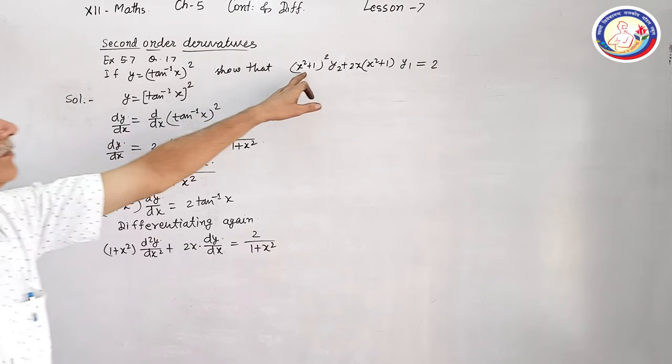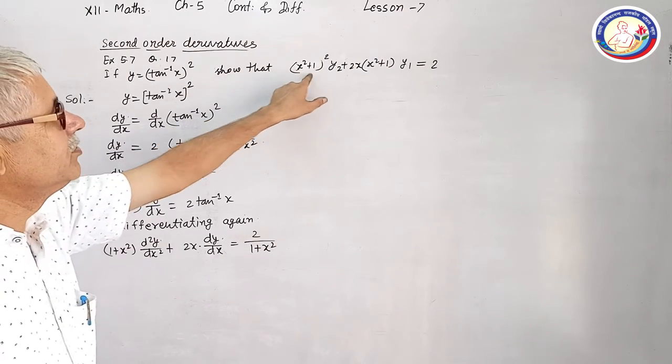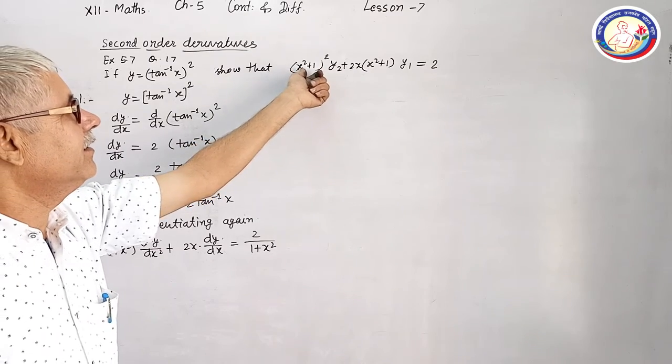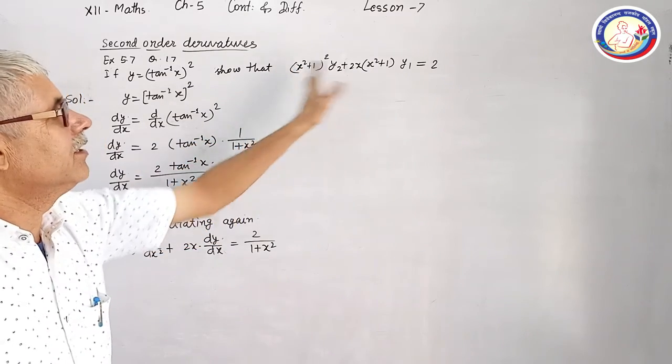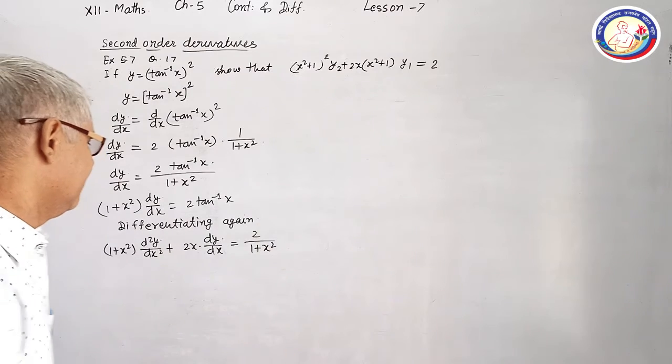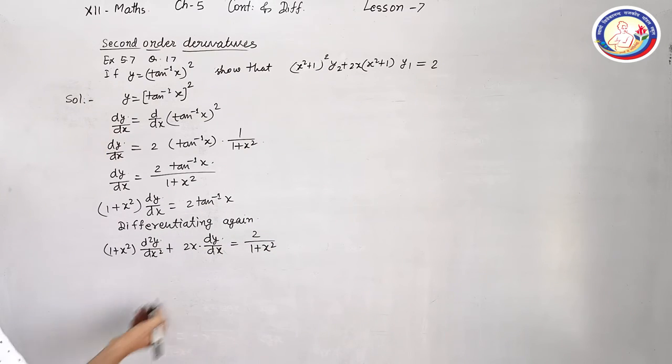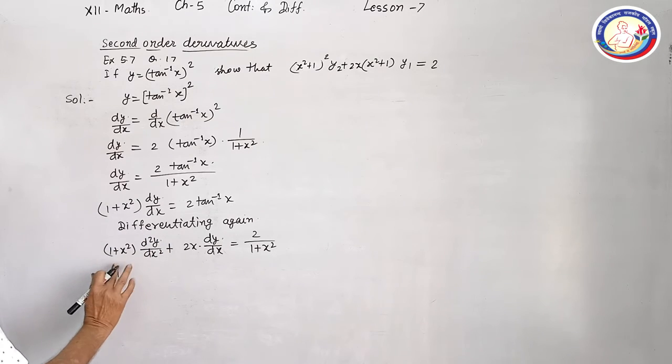In our result, we have to write it in this form. So now adjust it in this form. What will we do? Multiply each term by 1 plus x square. I am writing it in a simple way, x square plus 1. I am changing the order.